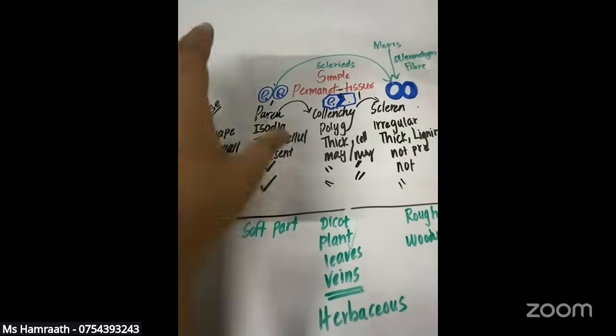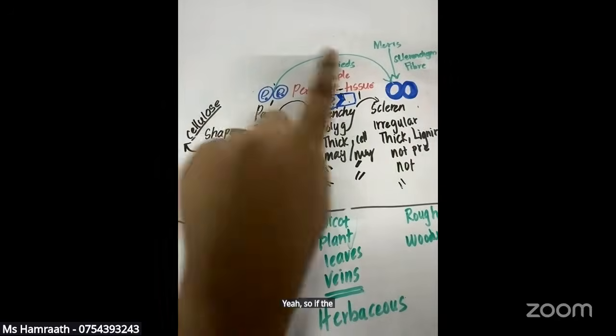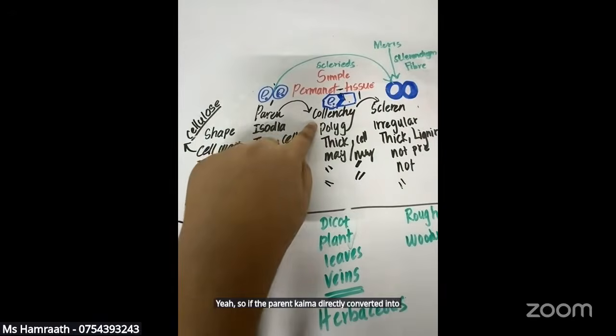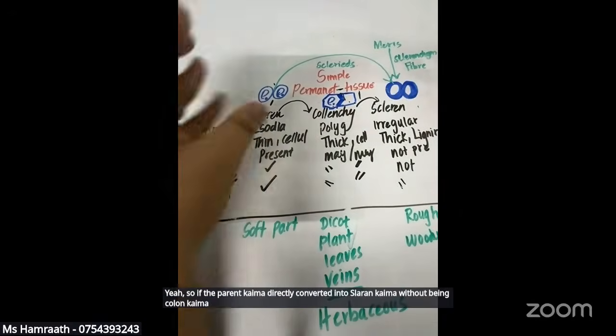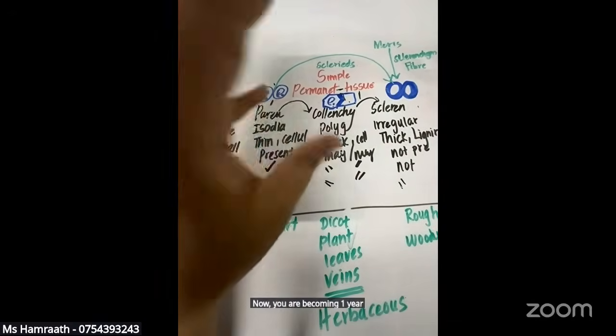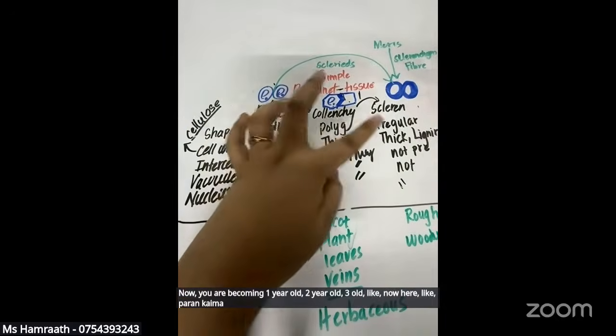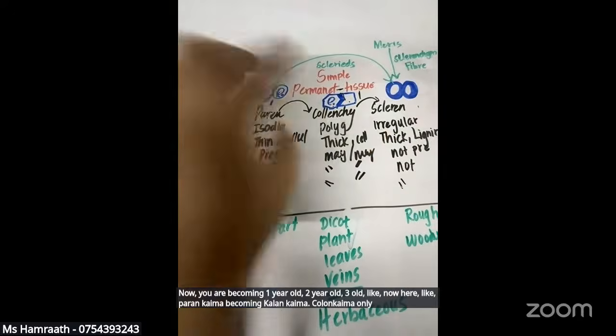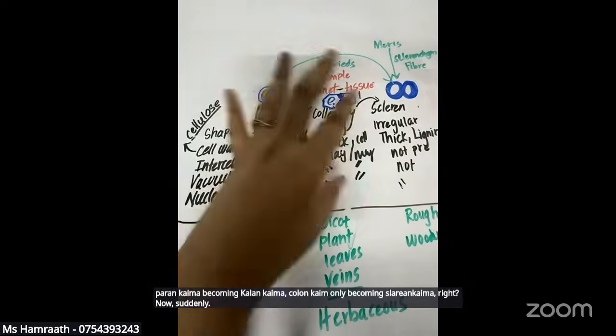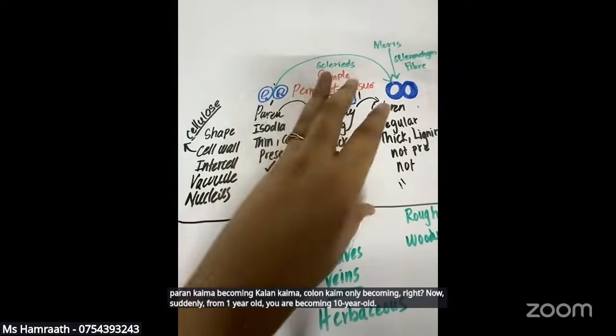So if the parenchyma directly converted into sclerenchyma without being collenchyma, it is like you are becoming 1 year old, 2 year old, 3 year old, like parenchyma becoming collenchyma and then becoming sclerenchyma, right? Now suddenly from 1 year old you are becoming 10 year old. Suddenly you're becoming matured.